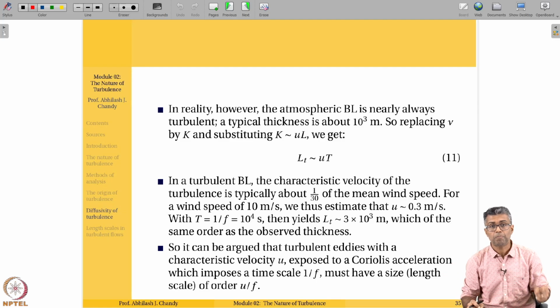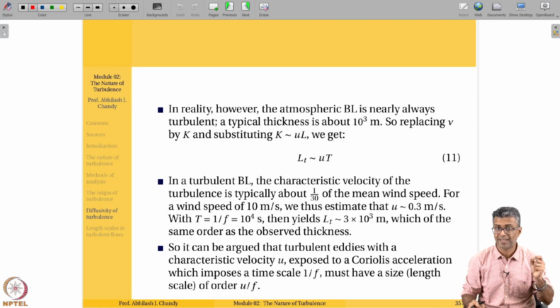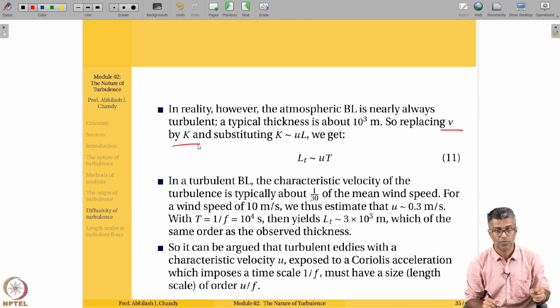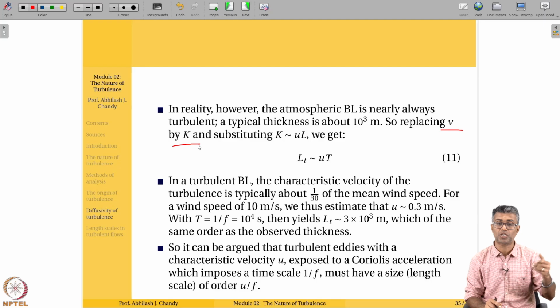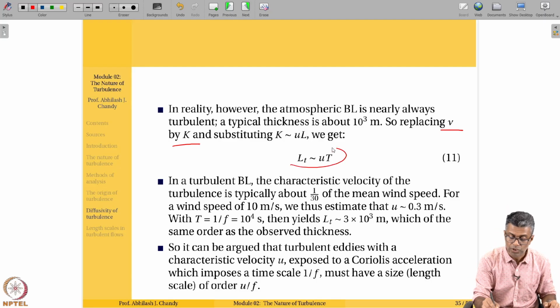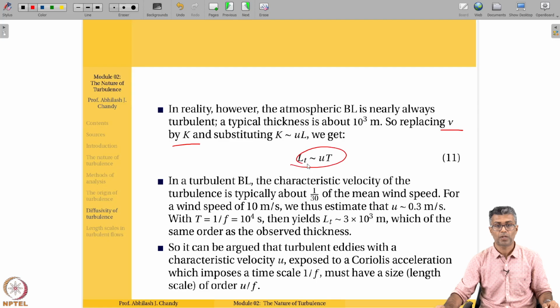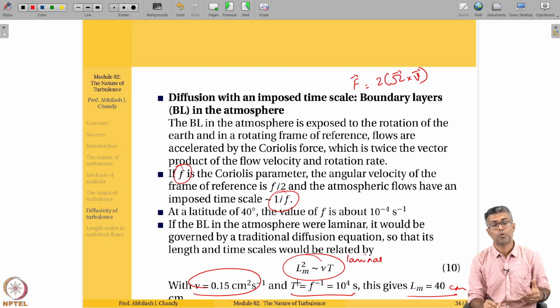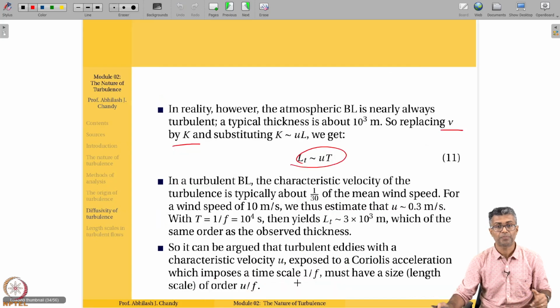So if we replace nu, the kinematic viscosity, by K, the eddy diffusivity, and you substitute K is equal to UL, we made that estimation in the previous class, you will get your LT to be UT, isn't it? So if I go back here, now this is for laminar. For turbulent, LT squared is equal to K times T.